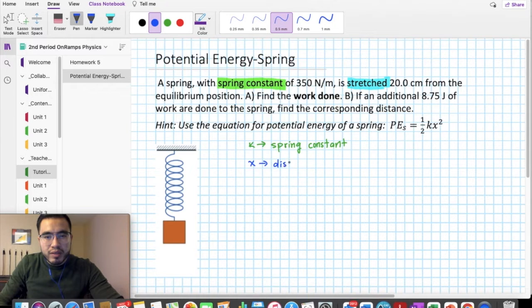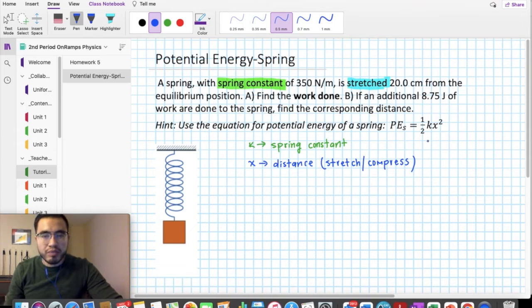Distance. And then I'm just going to say, if you stretch or just compress the spring, that's what it refers to. And I think that's it, right?